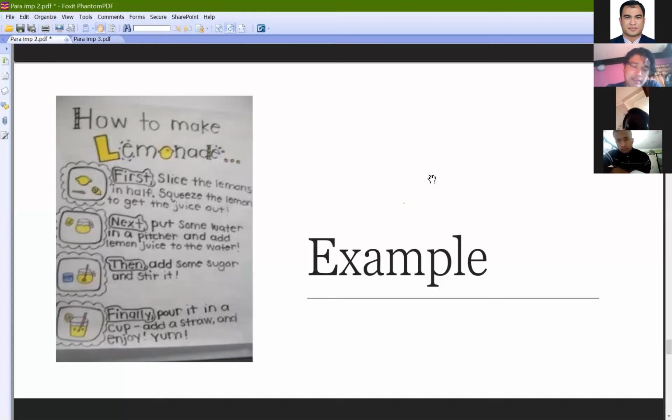First, next, then, finally, firstly, secondly, finally, on the one hand, similarly, in the same way, in addition to, nevertheless, and so on.